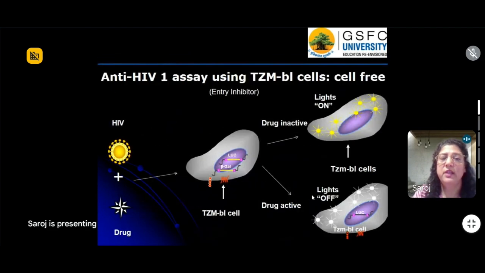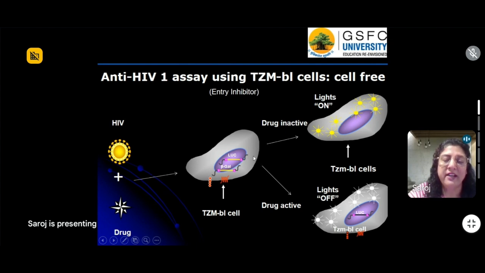So before going into this, I'll just show you very quickly how you do this assay. So this is a TZMBL cell line in which you have beta galactosidase gene under the luciferase. So luciferase is something which is going to glow. If the drug is inactive, then of course virus is going to bind, activate the beta gal gene, and you are going to see the fluorescence.